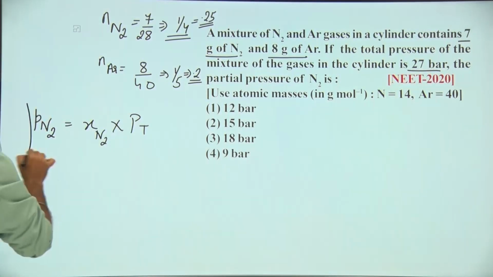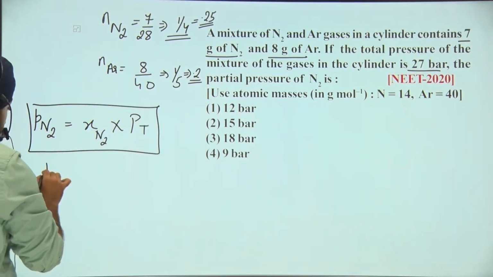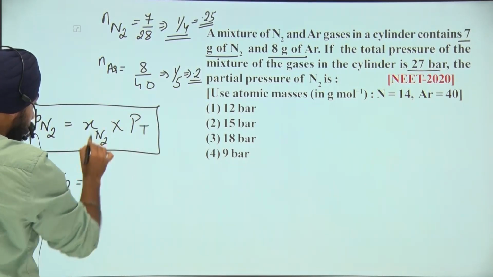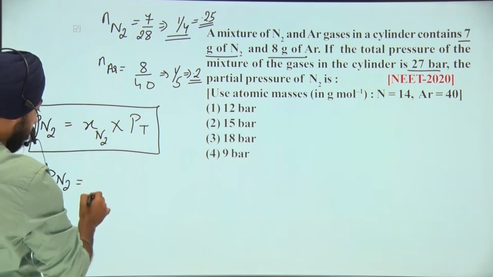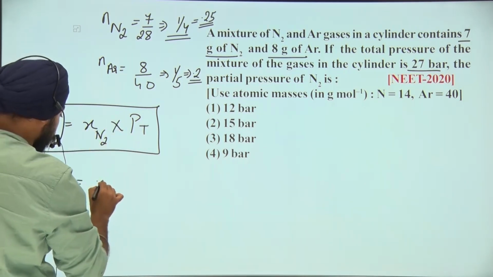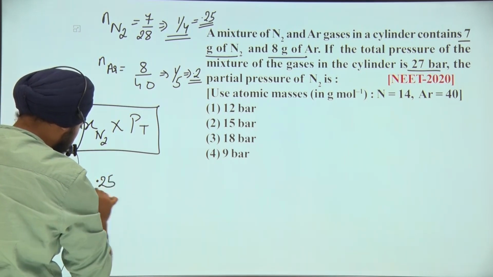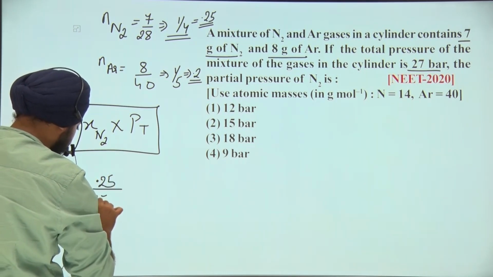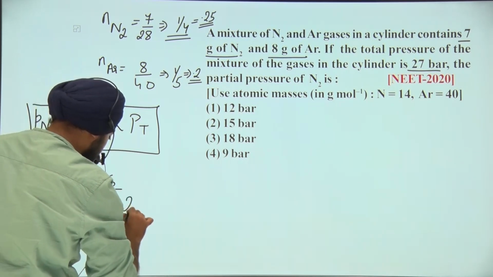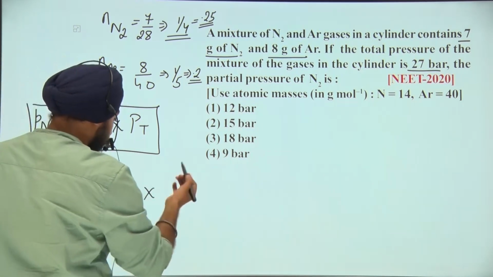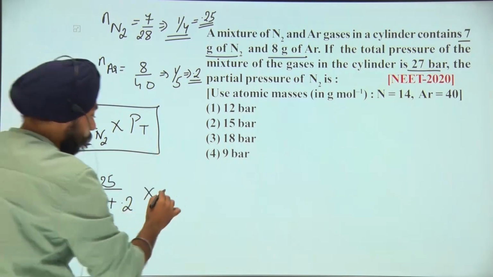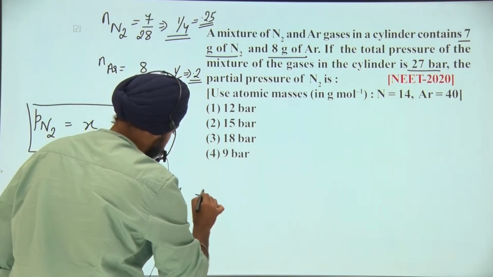Substituting the values, the pressure of N2 equals the mole fraction of N2, 0.25 divided by 0.25 plus 0.2, times the total pressure of 27 bar.